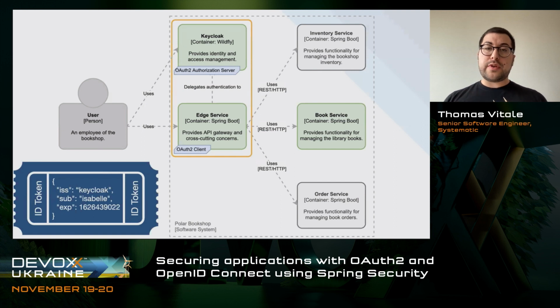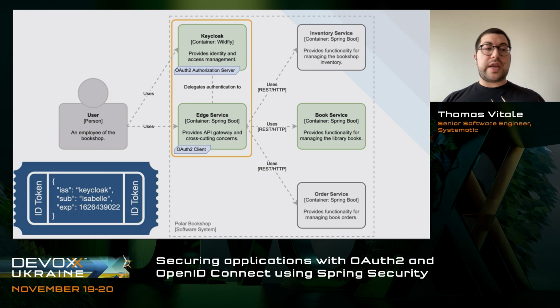So with OpenID Connect, we solved those problems that I mentioned earlier. So we have a way to delegate authentication to Keycloak, a dedicated service, using the OpenID Connect protocol. We have the ID token as the data format in order to exchange information about the identity of the user.